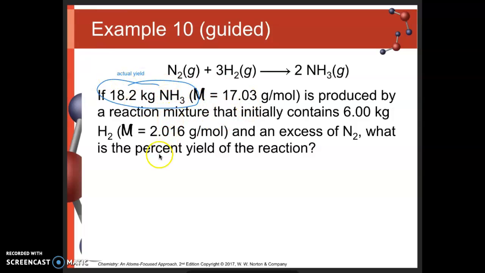This is what we got if we did this actual reaction. So if we start with our 6 kilograms of hydrogen, and again, just like we did in the previous problems, we have to convert the kilograms into grams.